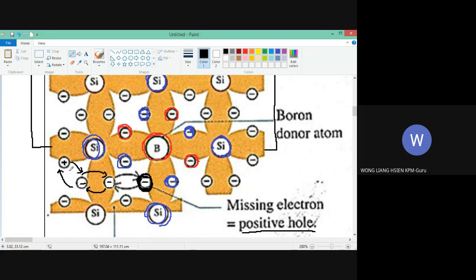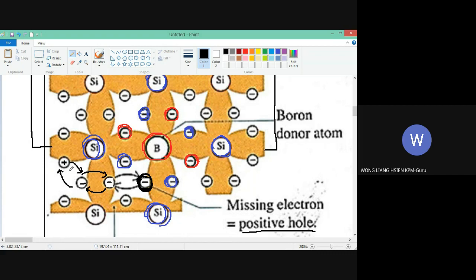Although physically the one that actually moves is the electron, it looks like the positive hole is the one that is moving. Can you see or not?